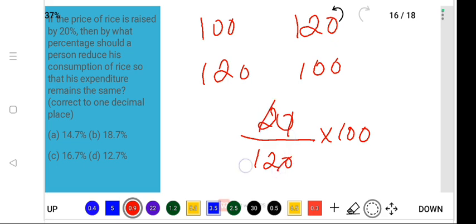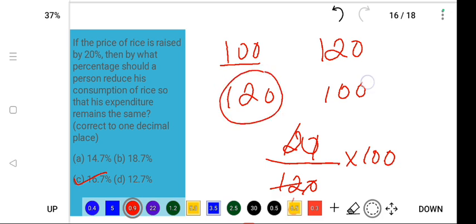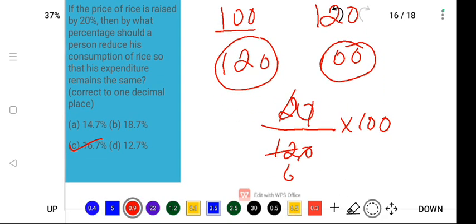So 20 by 120 is one sixth, and 100 by 6 is 16.6666. Let me explain this question. If the price of the rice is increased from 100 to 120, then by what percentage should the person reduce his consumption? The consumption should be reduced from 120 to 100. So this is the percentage: 20 divided by 120 into 100.